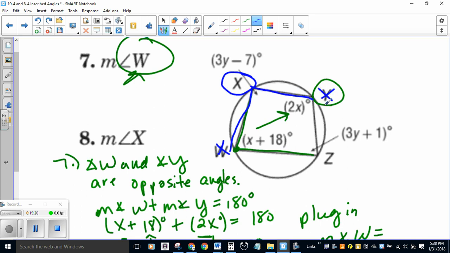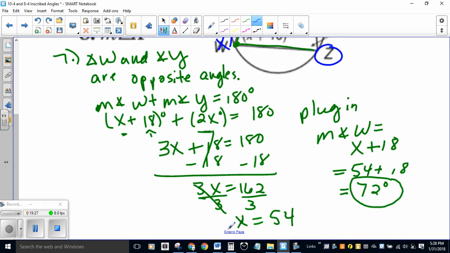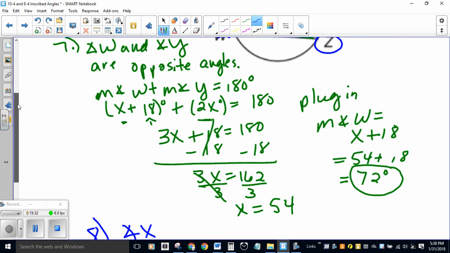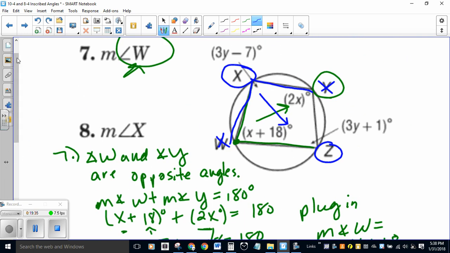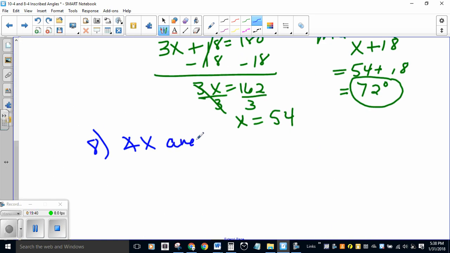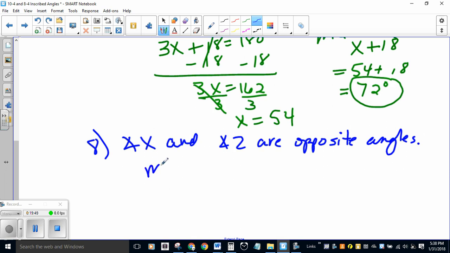So we eliminate W and Y, so across from it would be Z. So for number 8, we know that angle X and angle Z are opposite angles. So that means the measure of angle X plus the measure of angle Z is 180 degrees.